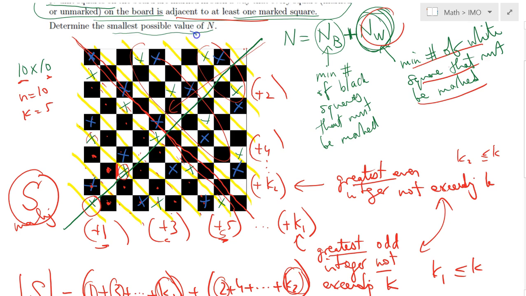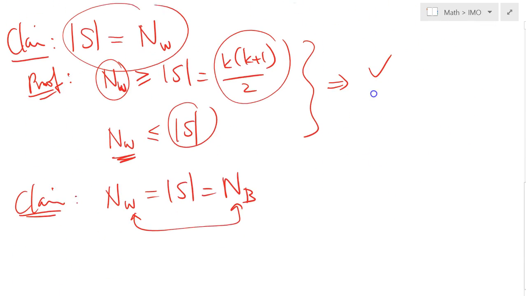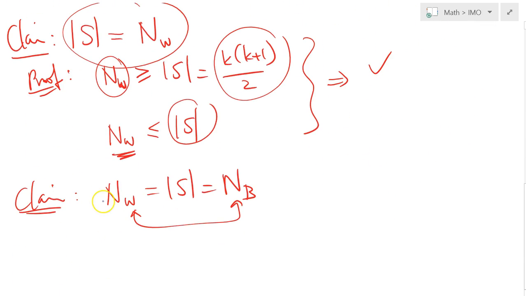Boom. And again, on the top left corner, you are adding +1, +3, +5, and so on. And on the bottom right, we're adding +2, +4, and so on. So therefore, this is no different than NW. So NB is equal to NW, and so these are all equal to k times k plus 1 over 2.